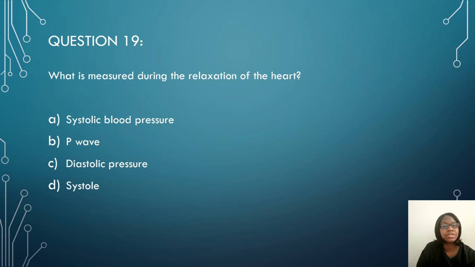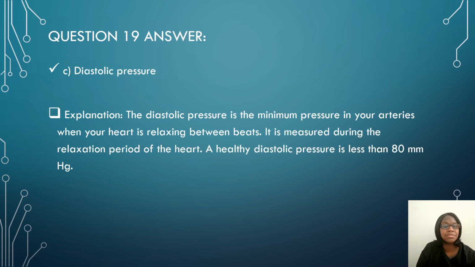What is measured during the relaxation of the heart? Keyword, relaxation of the heart. Diastolic pressure. So that number should be less than 80 if you want it to be a healthy diastolic pressure.